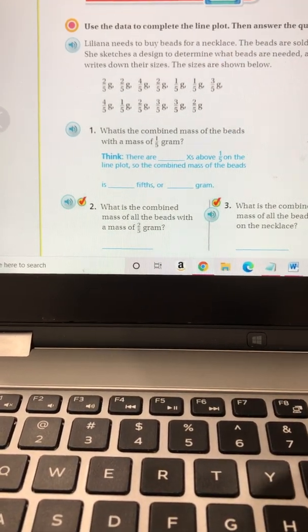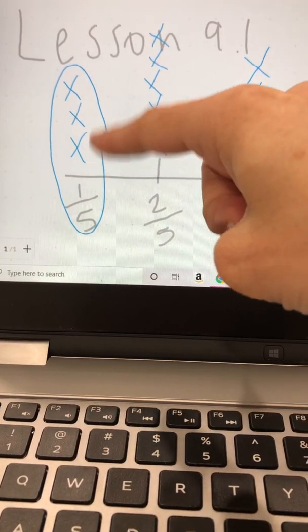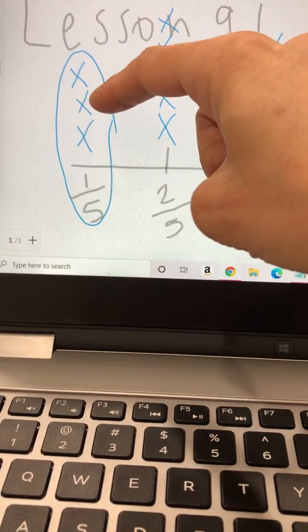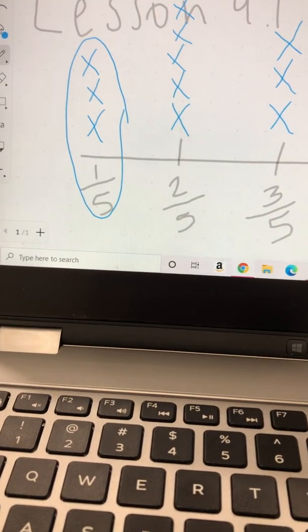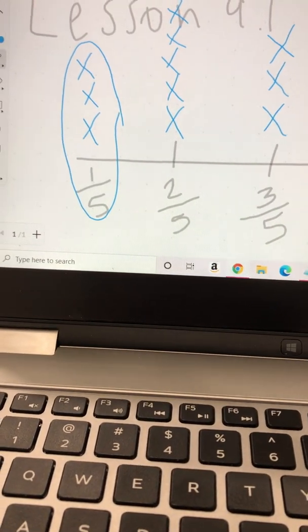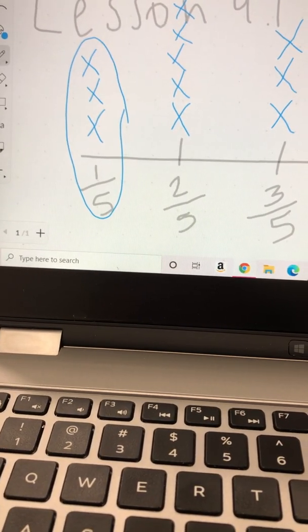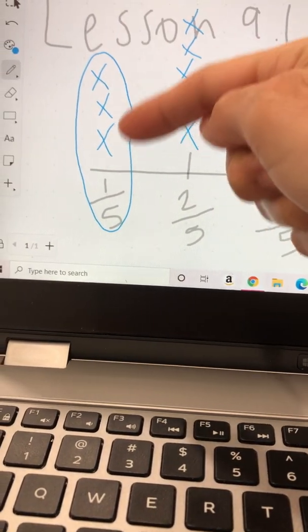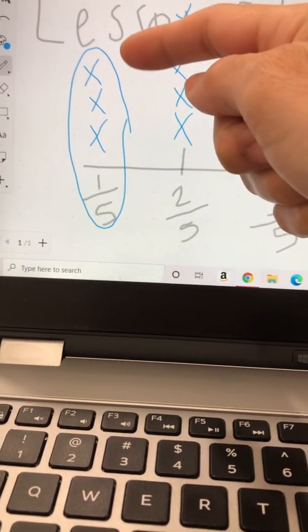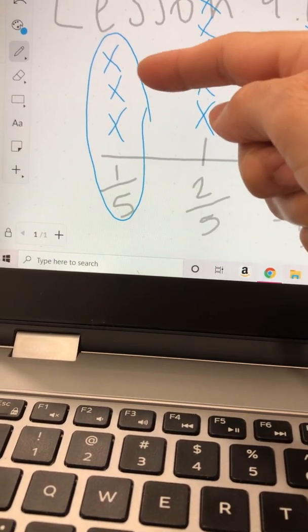Now, if we have 3 beads that weigh 1/5, that means that we're adding 1/5 plus 1/5 plus 1/5. You can do this 2 ways. We can add 1/5 plus 1/5 plus 1/5, or we can just multiply 3 times 1/5 because it's repeated addition. We can just take the shortcut and do 3 times 1/5 because each one of these is worth 1/5.